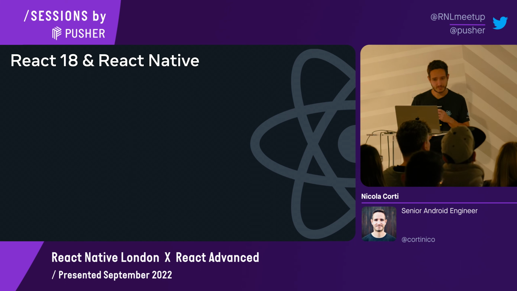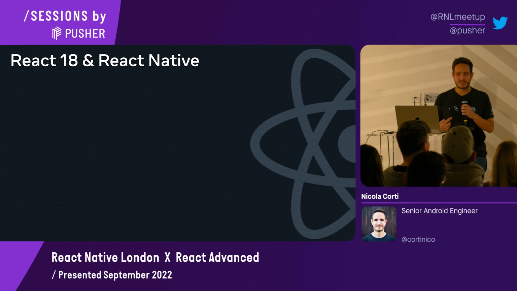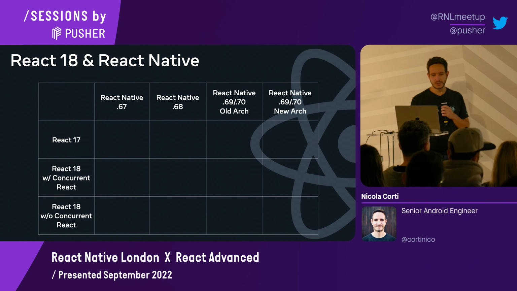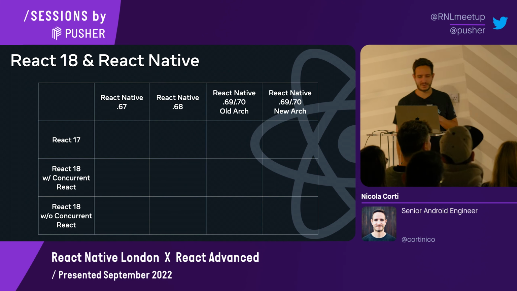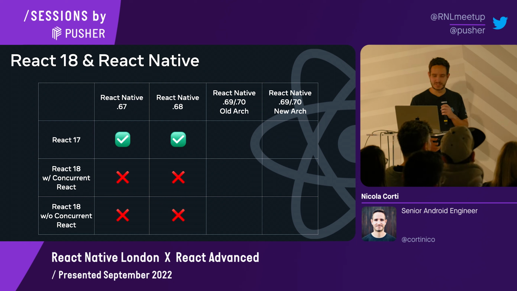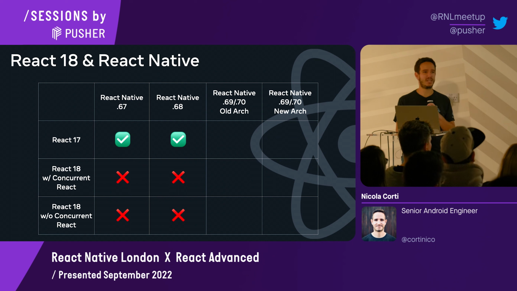I mentioned React 18 and its relationship with React Native. So here, let me clarify a little bit what the relationship is between React and React Native versions. If you are on React Native 67 or 68, or potentially a previous version, you are essentially on React 17.